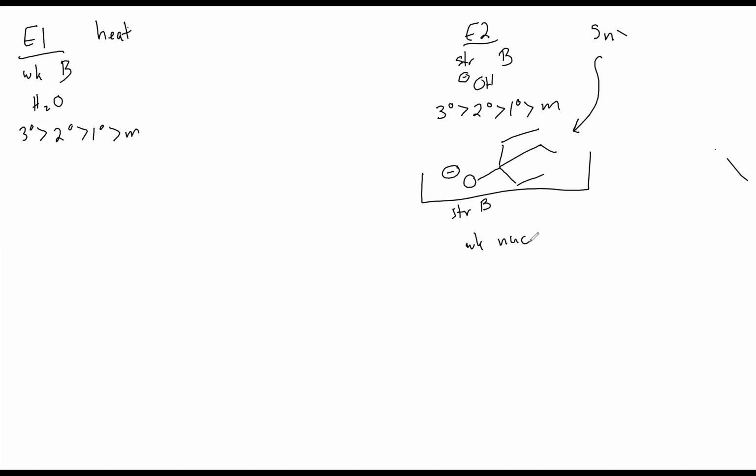So all bulky bases are E2? Generally, yes. We're going to focus more on bulky strong bases being E2 rather than bulky weak bases. For a reaction that can have both substitution and elimination, you should write all of the products.